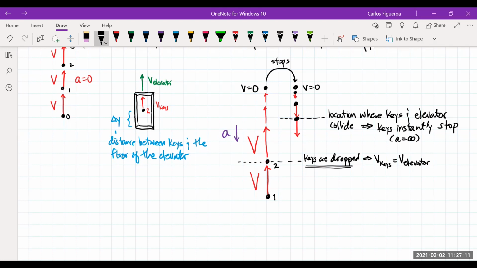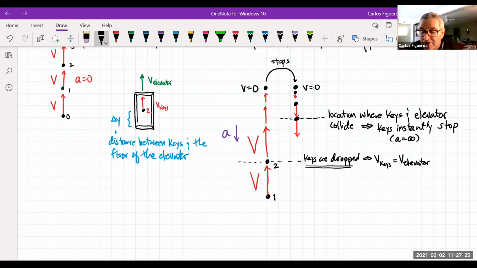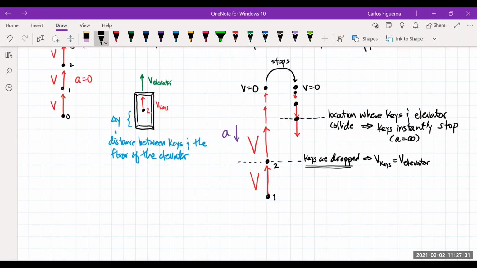Yeah, I was curious about whether we were able to assume that the speed of the initial dropping of the keys was faster or slower than the speed of the elevator. What do you mean the speed of the initial dropping of the keys? I'm picturing, if you're in the elevator and you drop your keys and the elevator is continuing upward, at what point would the keys falling have a greater speed than the elevator moving upwards?